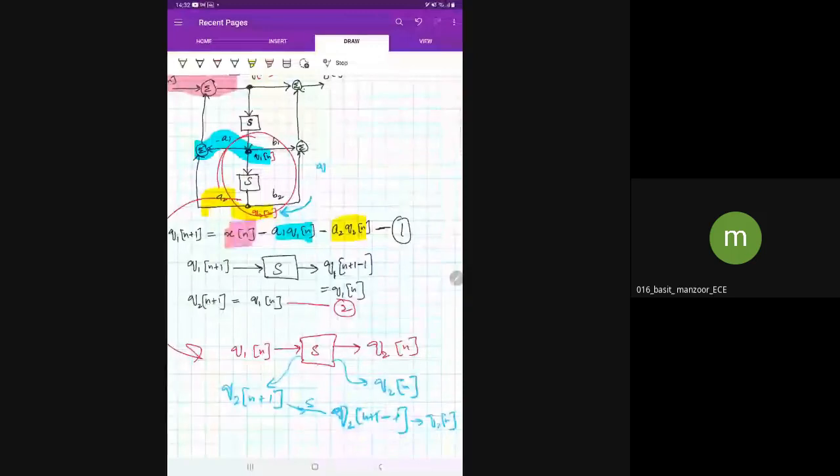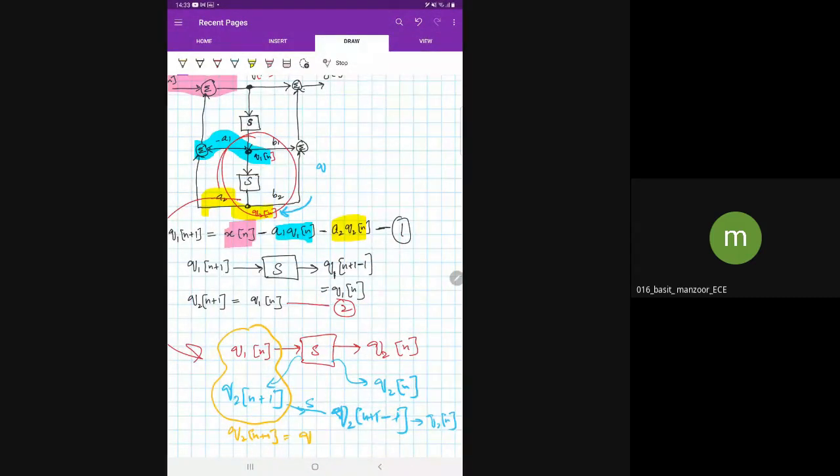Now if you relate these two quantities, try to find out these two quantities. It means that Q2 of n+1 is equal to Q1 of n. Basit, roll number 16, is it fine now? Yes sir. Okay, so I'll remove it.